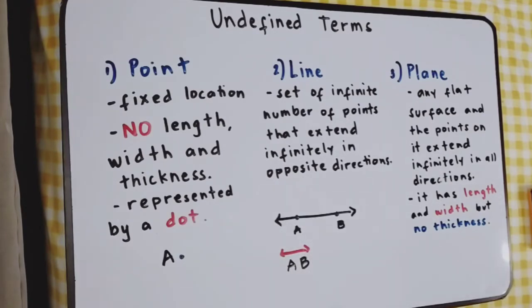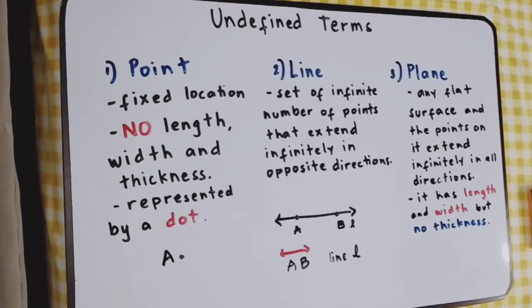Okay. Or actually, we can also name line using a lowercase script letter. Let's say you have here point. This is L. Okay. So okay, this is line L. Pwede din.